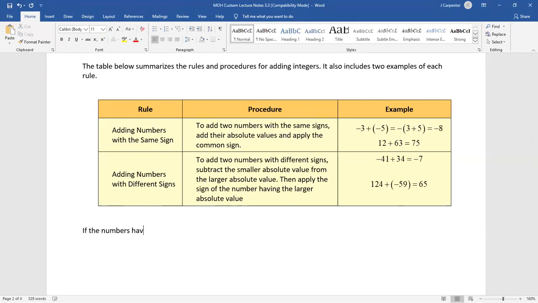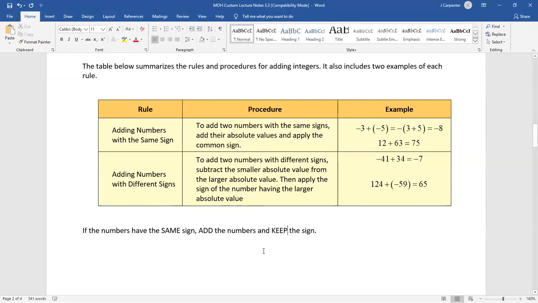If the numbers have the same sign, add the numbers and keep the sign. And I'm going to go back in all caps a few words. Same sign, then we add the numbers and we keep the sign.